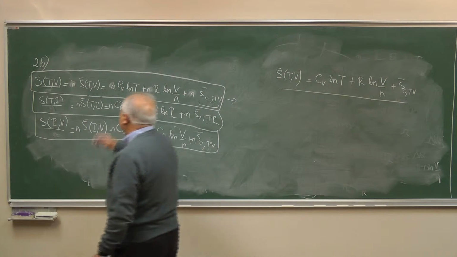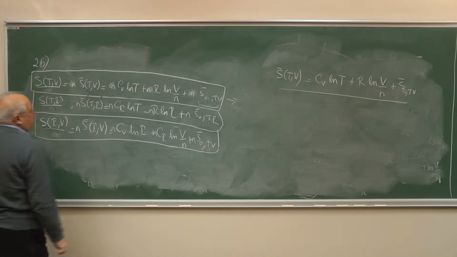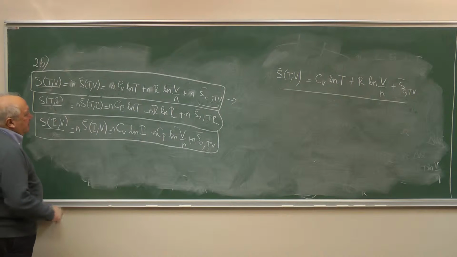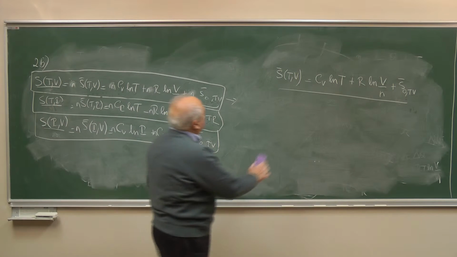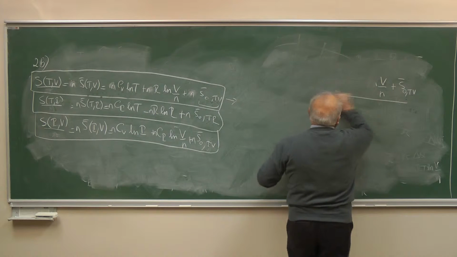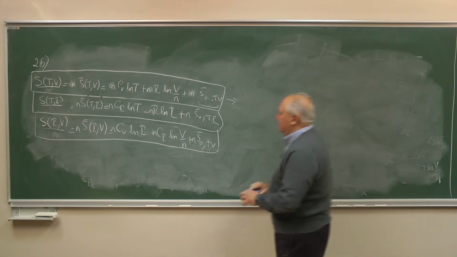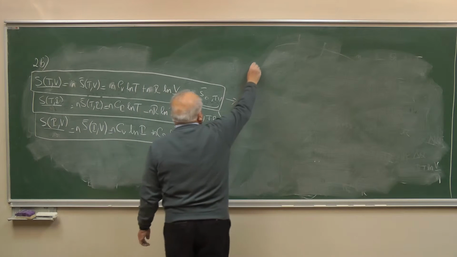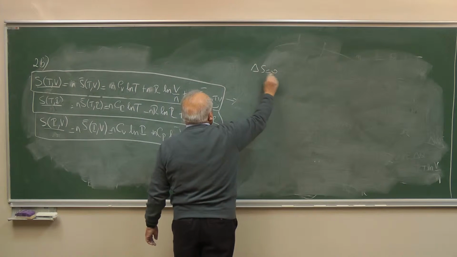In part 2b, we shall look at the adiabatic invariants of the ideal gas. Namely, if we make a process in which delta S is equal to 0.